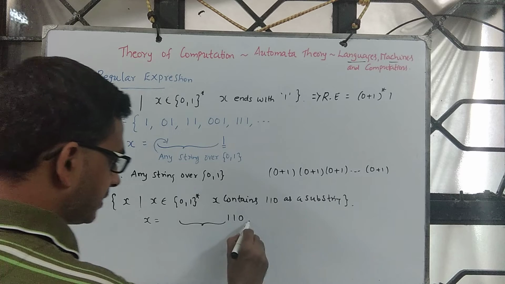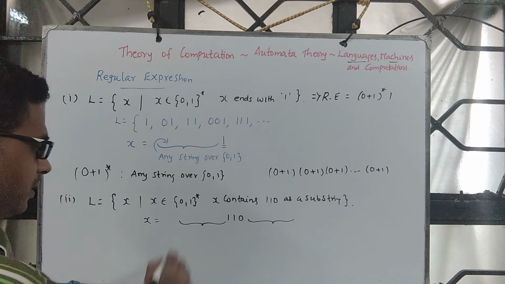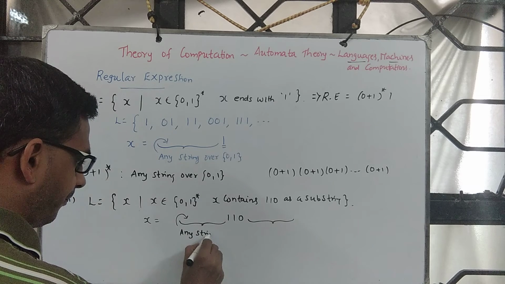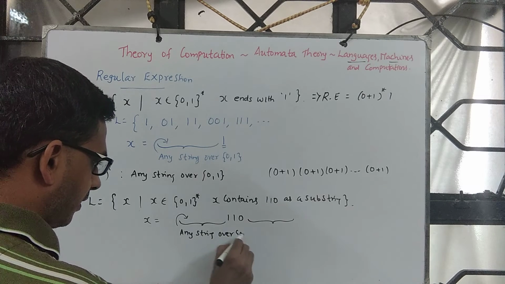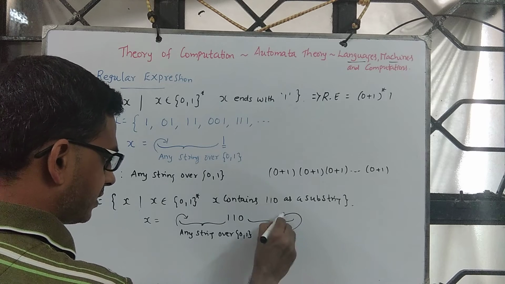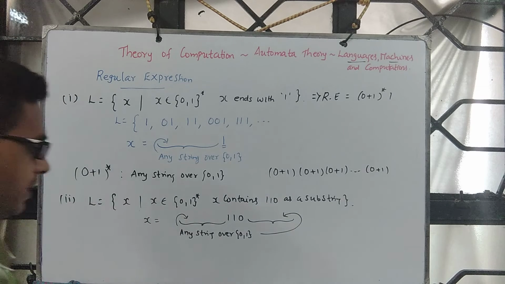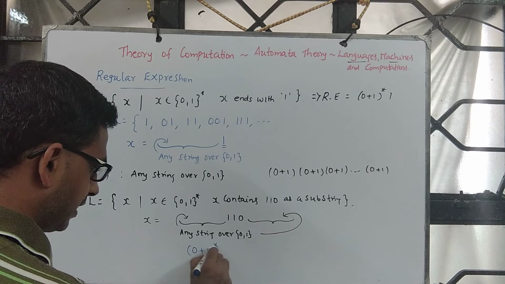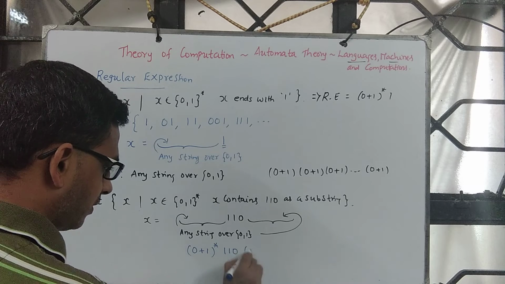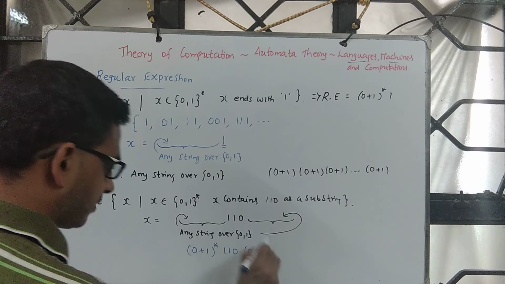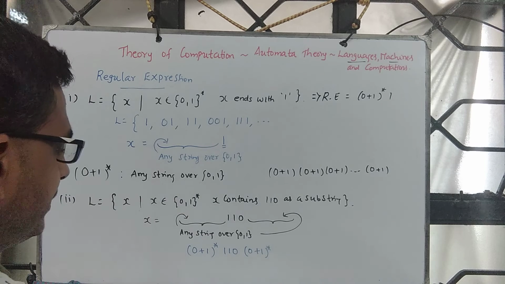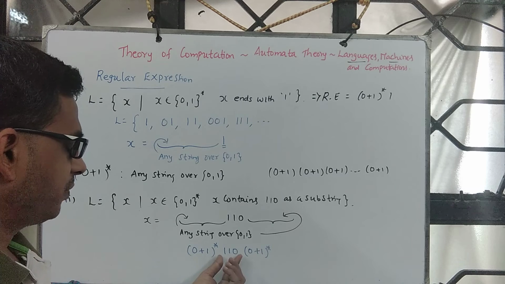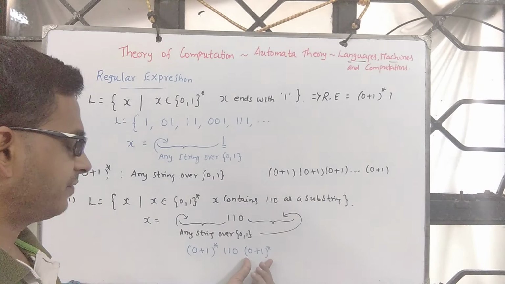The prefix of this and the suffix of this could be any string over {0,1}. This part can be generated using (0+1)* followed by 110 followed by another (0+1)*. So this clearly tells you that the prefix can be generated using (0+1)*, followed by 110, followed by the suffix.